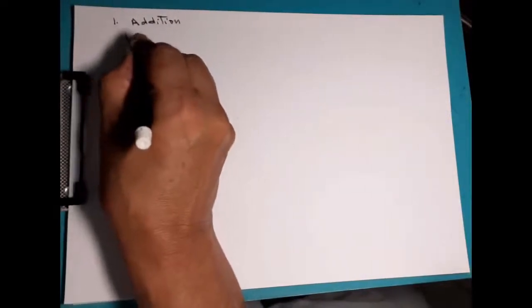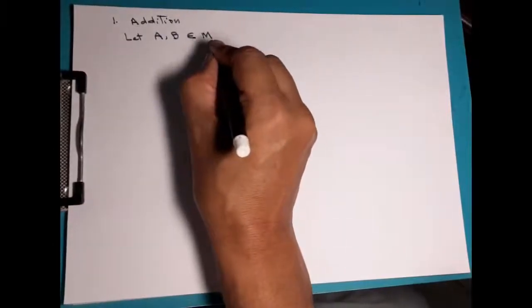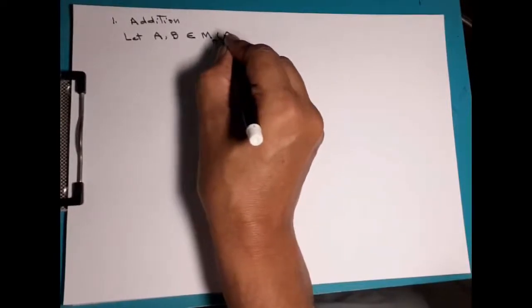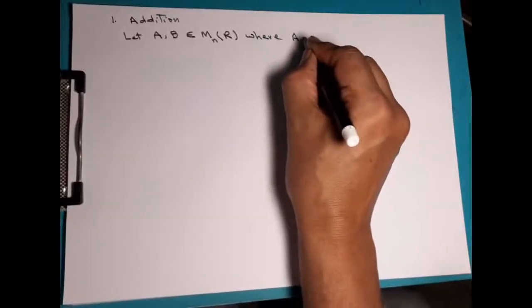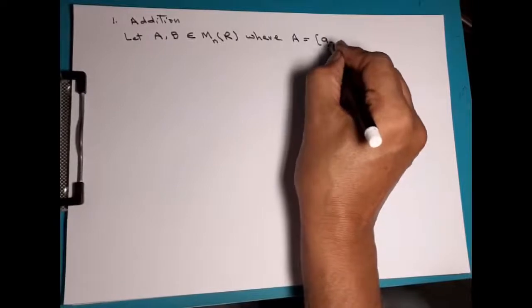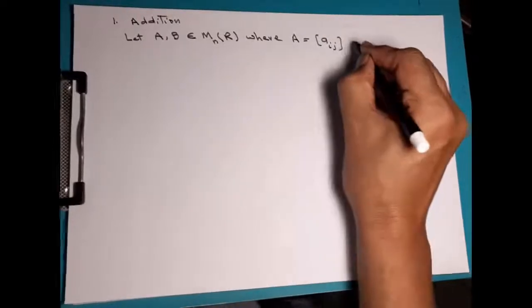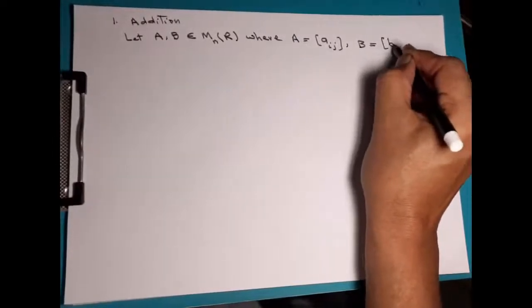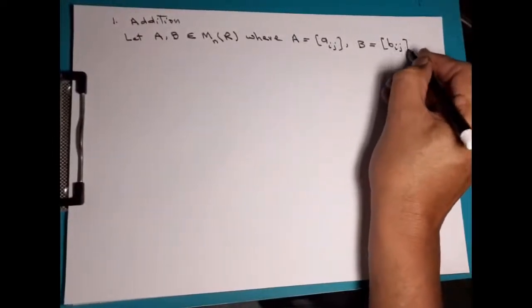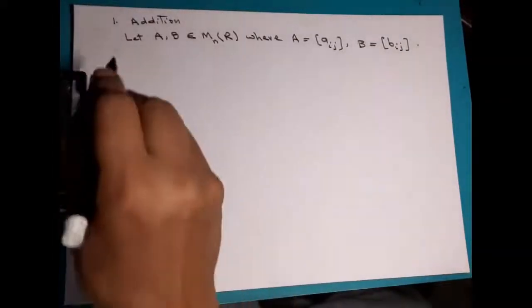So let these two matrices A and B belong to this particular set we have denoted by M_n(R), and we clearly mention what A is. So let A be equal to (a_ij) and B be equal to (b_ij).